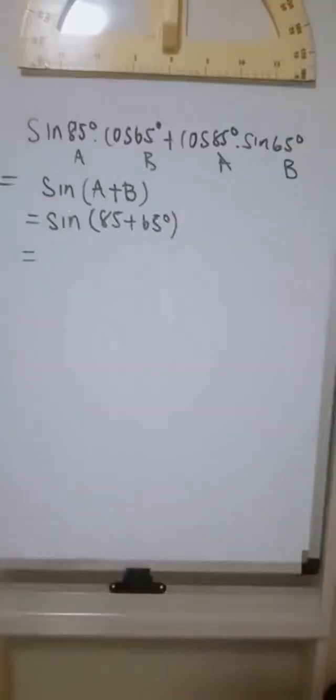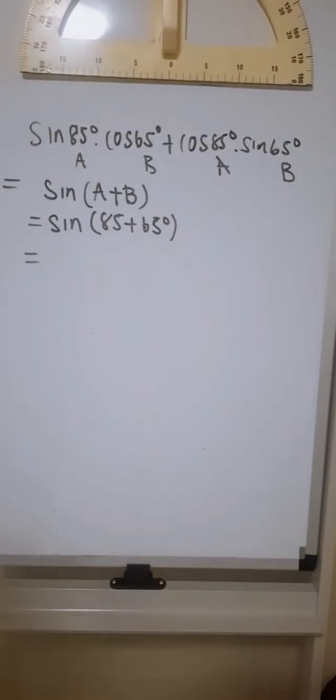A is 85, B is 65. Then what's 85 plus 65? 150.